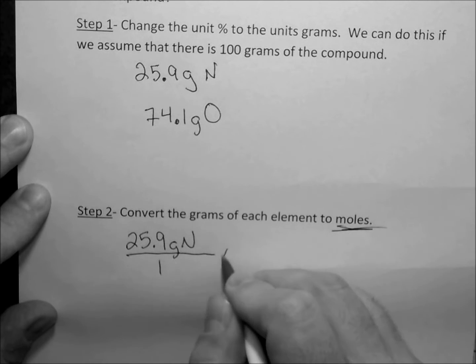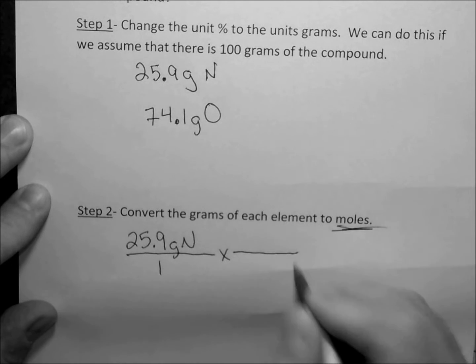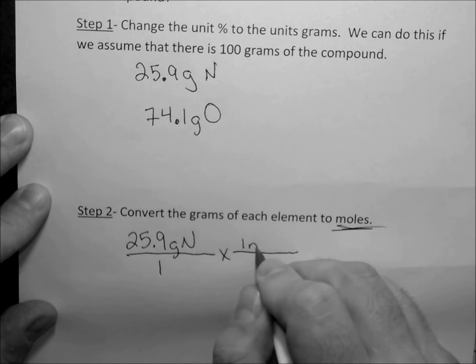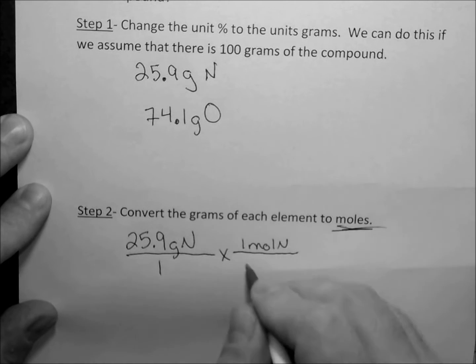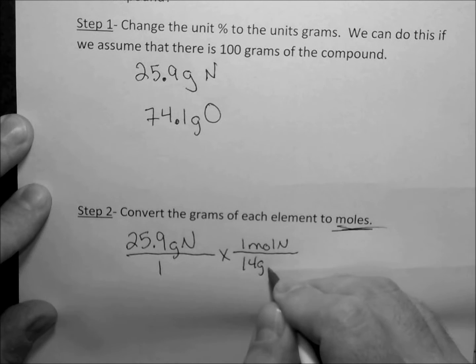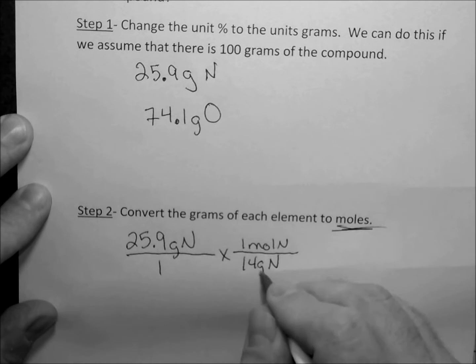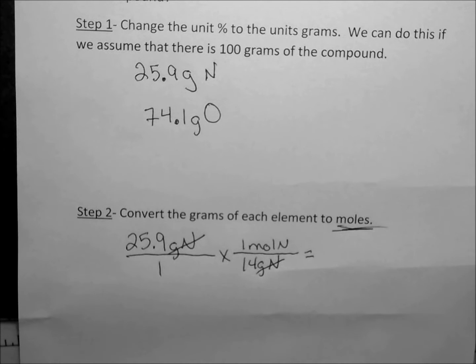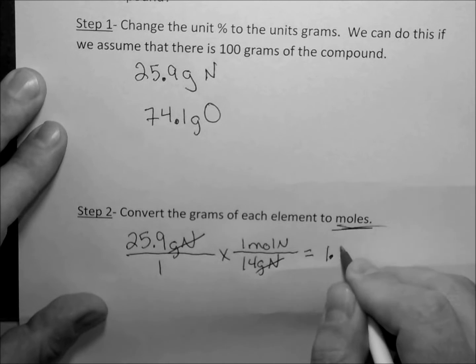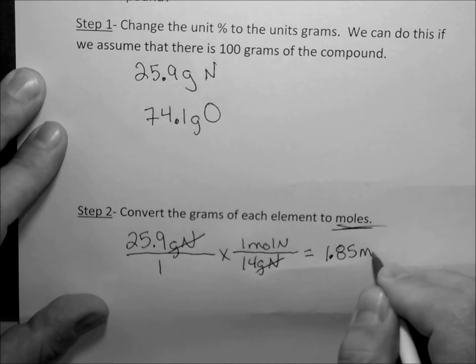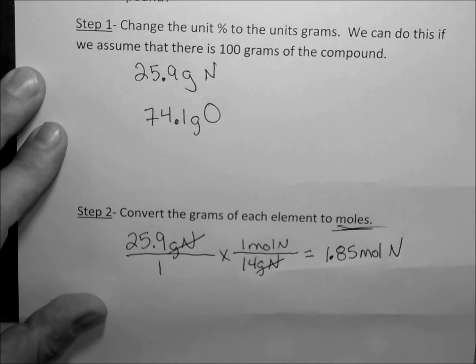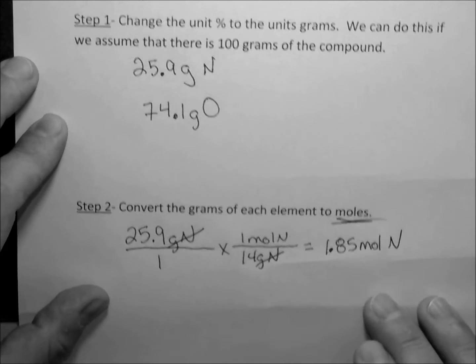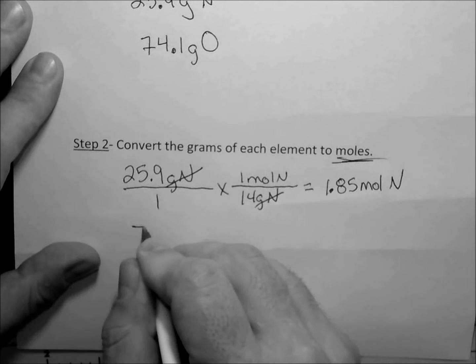Convert that to moles, and you've been doing these mole conversions for a few days now. 1 mole of nitrogen is equal to 14 grams of nitrogen when you look at the periodic table. Cross out your units, divide those two numbers, and your answer is 1.85 moles of nitrogen. Alright, do the same thing for oxygen now.